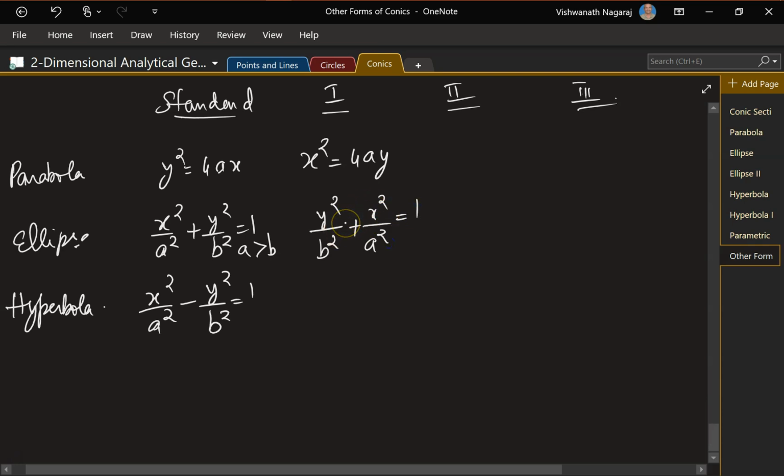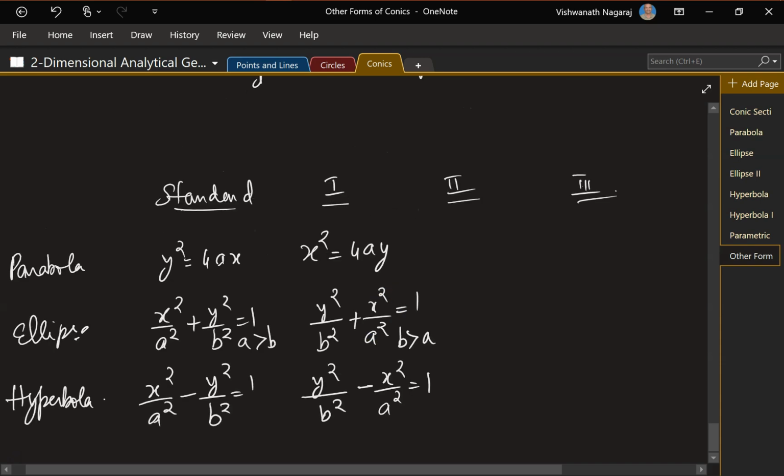So the equation remains the same. The only thing is, when we interchange it, the condition changes. Same is the case here. Okay, so x becomes y, a becomes b. Now here the sign changes, right? Unlike in the ellipse, where the equation doesn't change, here the sign will change. So y becomes x square, b becomes a square equal to 1.